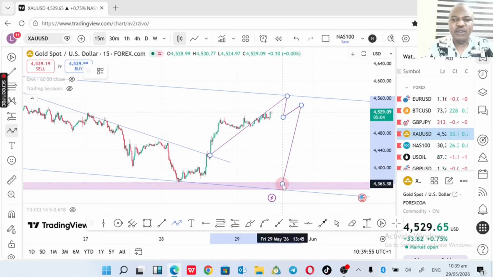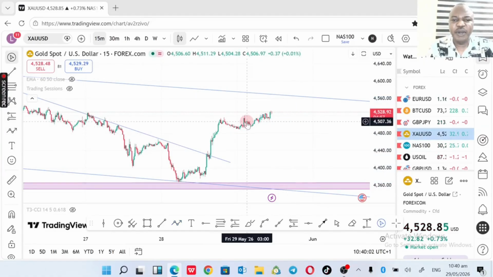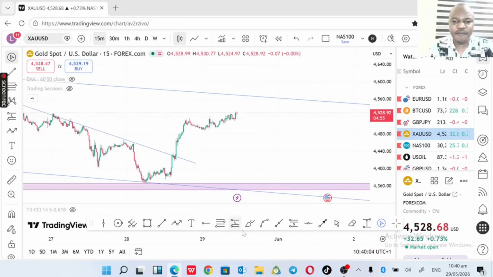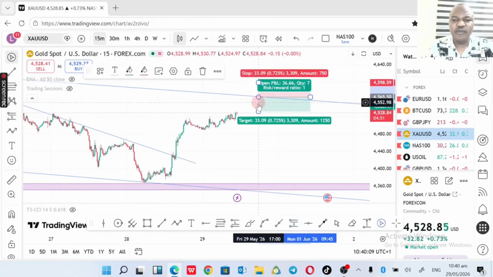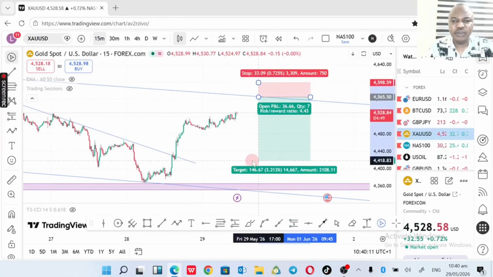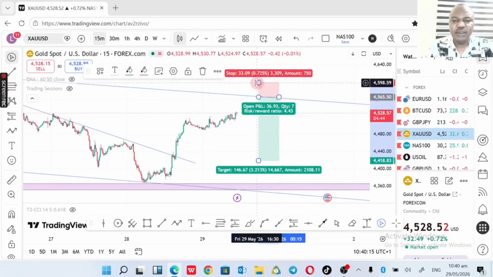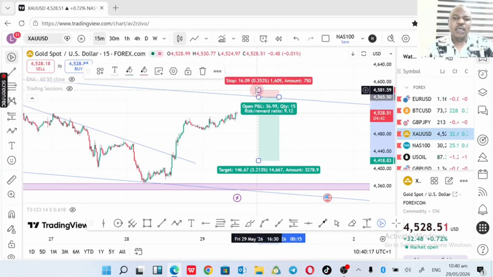So if we are to trade this, we can use our sell level from here down to this place. But before you take the decision, you have to look at the candlestick formation, look at the structure, look at the inner zone and the key levels to consider this market.